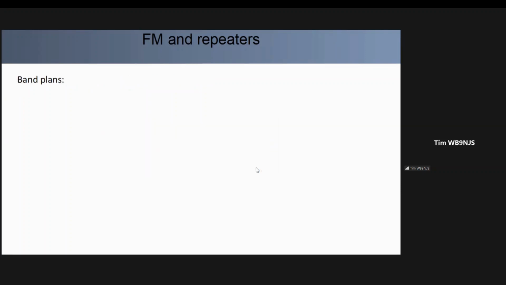So band plans. This is an interesting concept. Standard repeater offsets that we just talked about are part of the VHF, UHF band plans. And what are band plans? Well, beyond the basic privileges established by the FCC, they're a voluntary guideline for using different modes or activities within an amateur band.